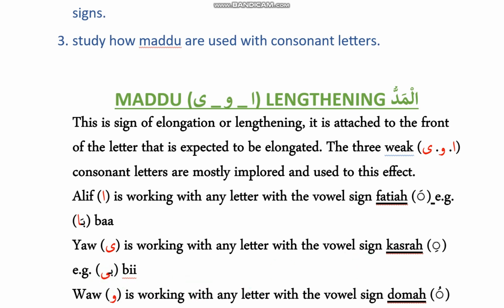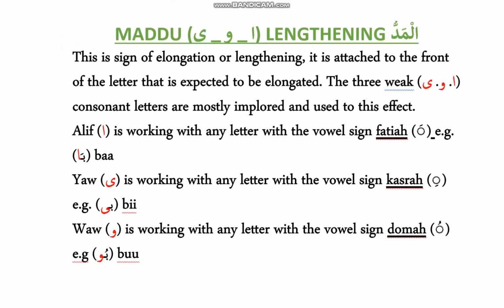And likewise, let's look at how we use Wow. Wow is working with any letter with the vowel sign Doma. Do not forget that the Doma vowel sign is a kind of sign that produces U. So whenever this sign is added to any letter, it turns the letter to have the ending U. So let's assume that we add Doma with Ba.